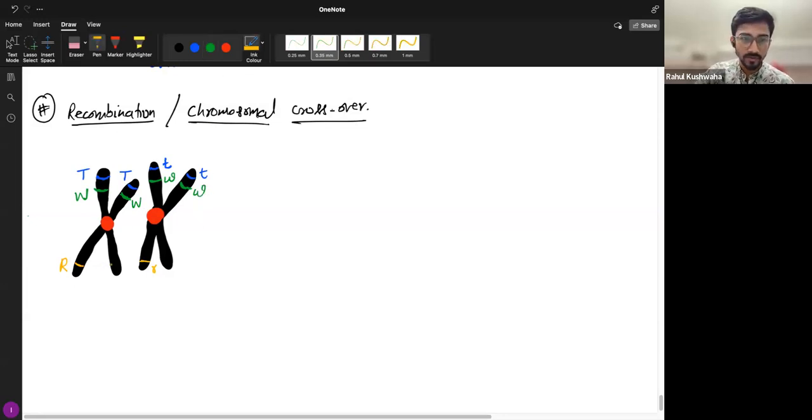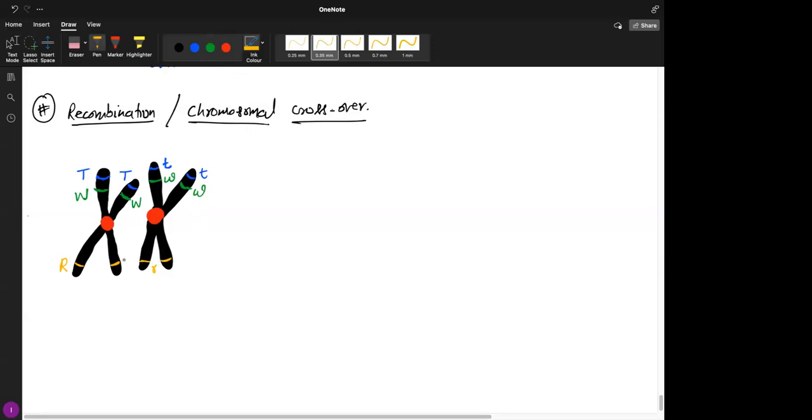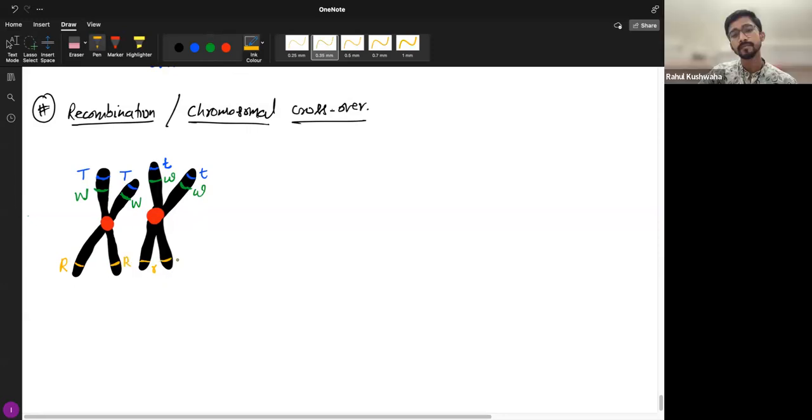And what about this locus? Capital R, and small r. So you now understand that these two are sister chromatids. These two are sister chromatids. These two are non-sister and these two are non-sister, right? These two also can be non-sister, and these two are also non-sister. You understand all the combinations? Yes, sir.